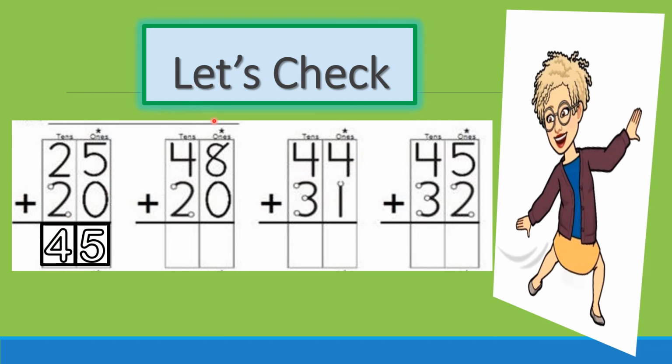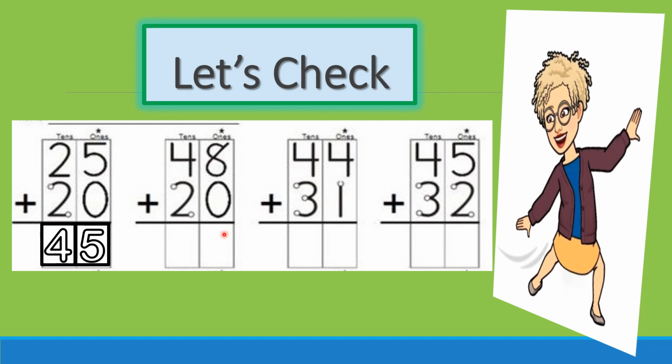Let's move on to the next one. Do you remember where we are to begin? If you said at the ones, you are one smart cookie, and you should give yourself a pat on each shoulder. Do you remember that little rule that I just said? Any number plus 0 is the same number.